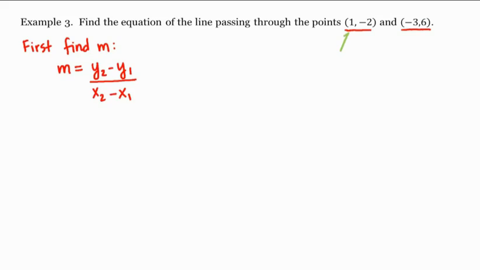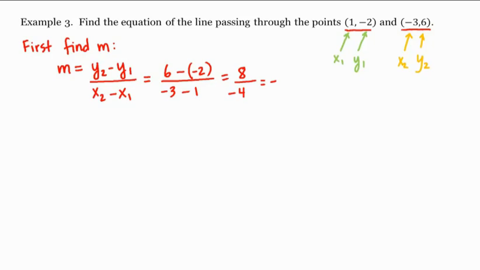So let's let this be x1 and this y1 and this x2 and this y2. Plugging these values in here gives us (6 minus negative 2) divided by (-3 minus 1), or 8 divided by -4, which is -2.